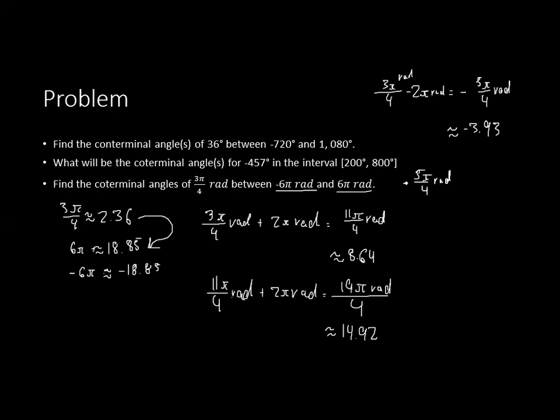This is negative 13 pi all over 4 radians, which is approximately negative 10.21 radians.